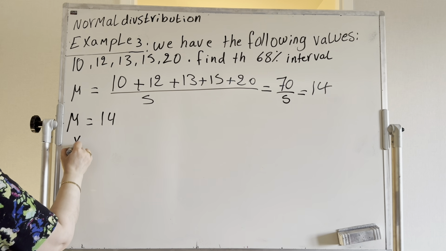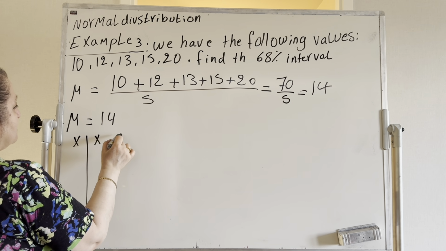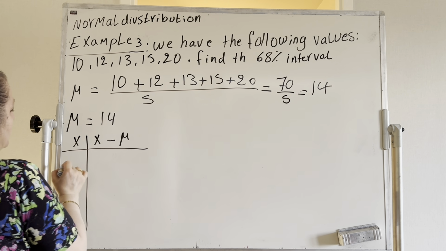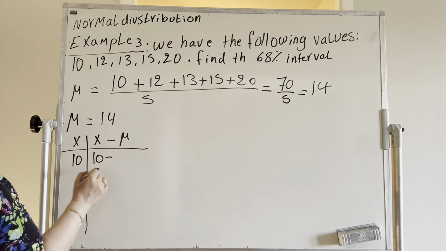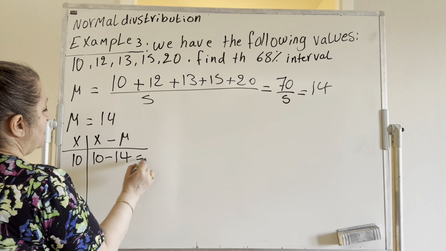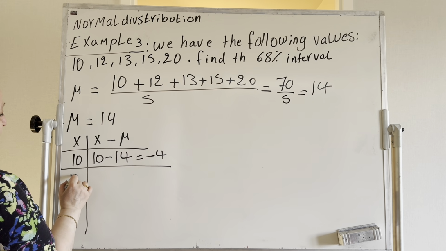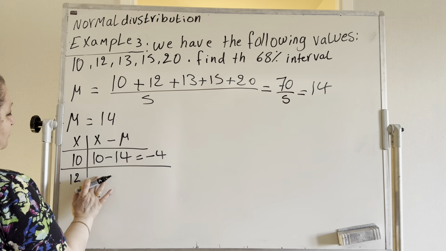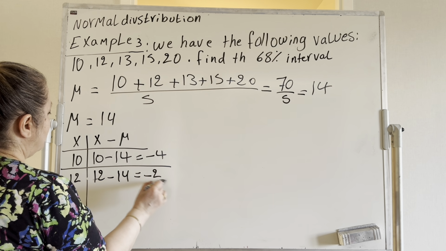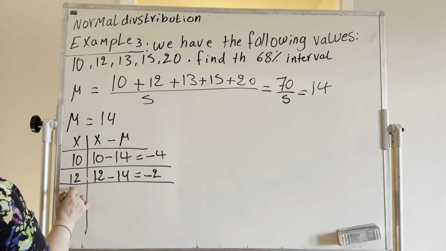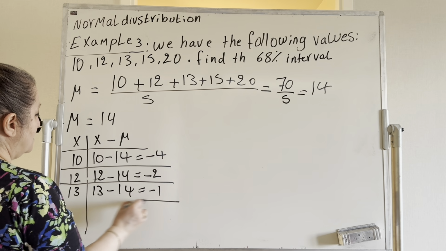Now I will calculate the standard deviation, and I will begin with 10. 10 minus 14 equals -4. 12 minus 14 equals -2. 13 minus 14 equals -1.